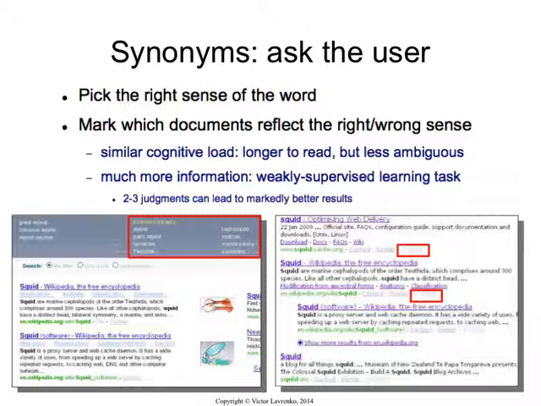Maybe you can't reformulate the query effectively, but maybe when you see the results, you'll know the results that you like and the results that you dislike. So if you can get the user to mark a few documents that they like and a few documents that they dislike, that is a really, really powerful thing to do.